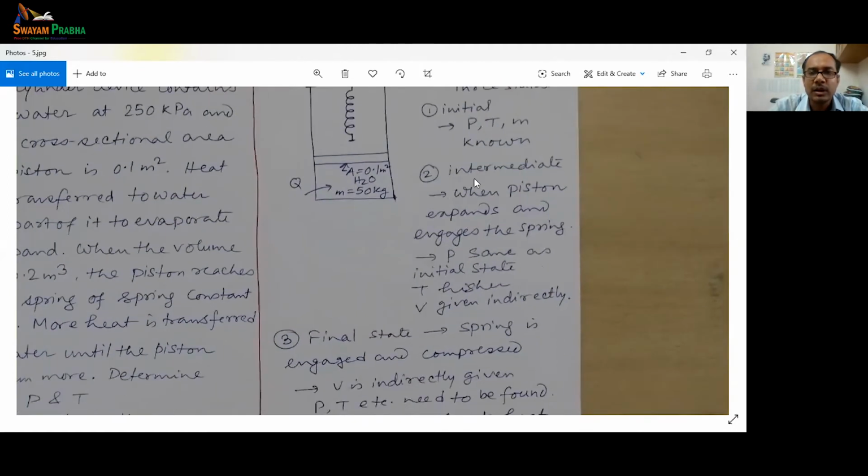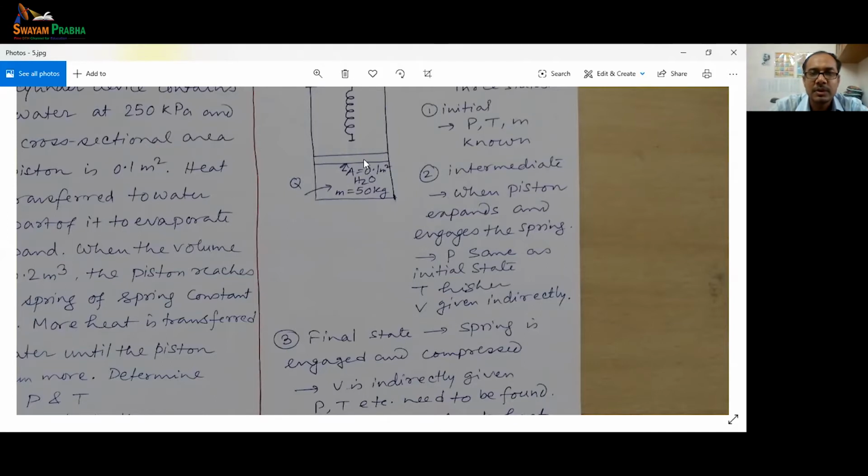So that's the initial position. Now the second one is the intermediate state, we can say, when the piston expands and it engages the spring. So when the piston rises and reaches here, first it touches the spring. That's the intermediate state, we call it state 2. So up to this point, from 1 to 2, the pressure remains the same, right?